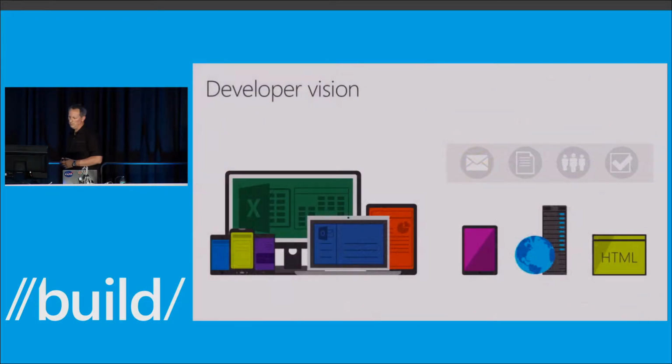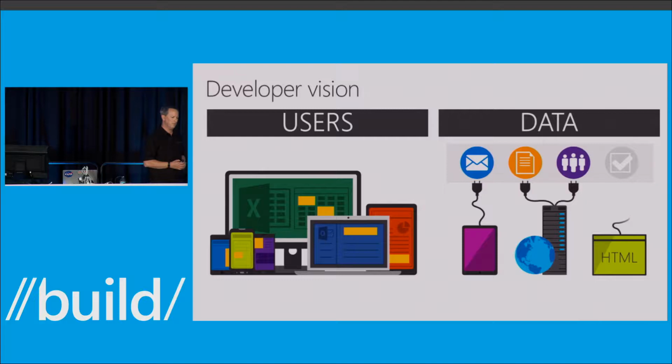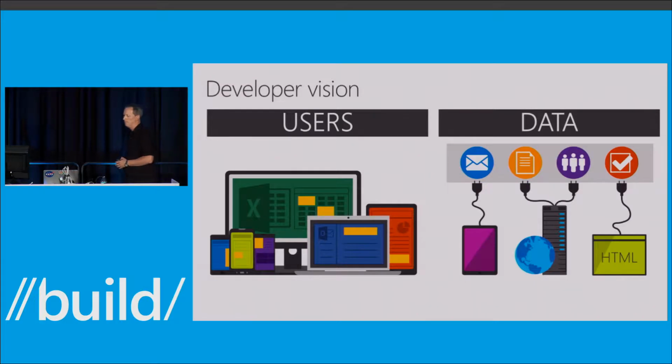Let me talk a little bit about the developer vision for Office 365. What's the Office team's perspective, and what is their goal here? They want to make it really easy for people to interact with their data no matter where they are.